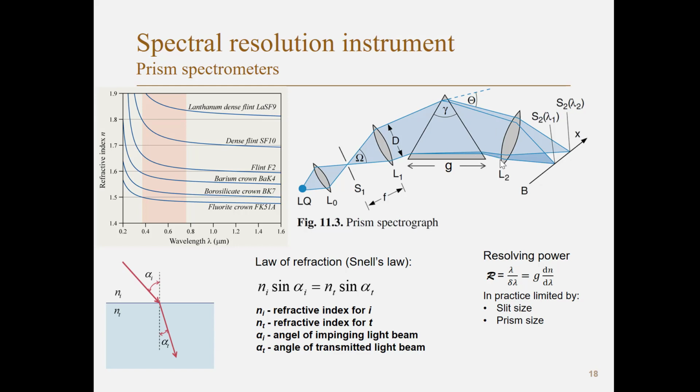Now, in principle we could put something very far away and let this beam travel for a very long distance, and we would be able to see that they have different directions. But we would like to make a compact spectrometer. So to do that we put in a lens here, and we basically image infinity on the focal plane of this lens.